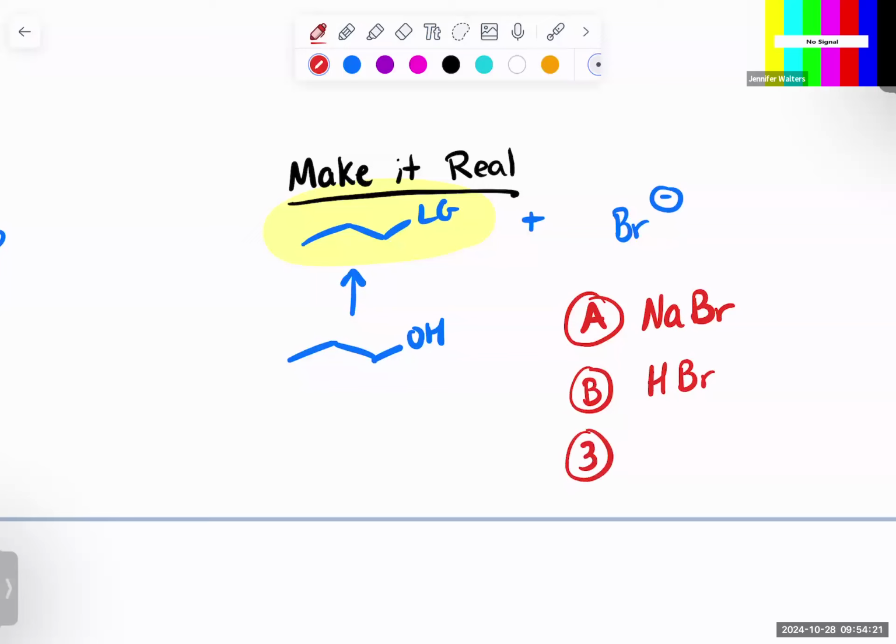Can I think of another reasonable reagent that added bromine in? We talked about it last class. So there's PBr3, another option that we could have done.